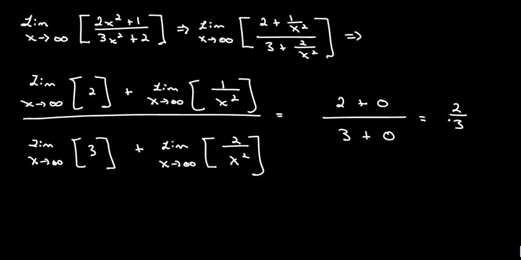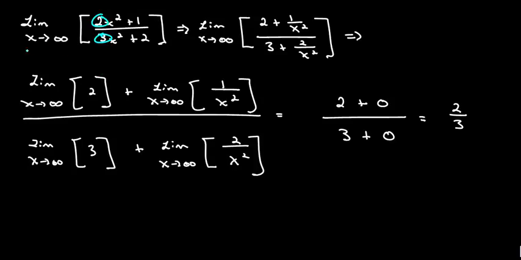Now we've done the same thing when we talked about rational functions in, let's say, college algebra or even pre-calculus. We said if the two highest powers match, then we take the ratio of the coefficients. So we'd have 2 over 3.